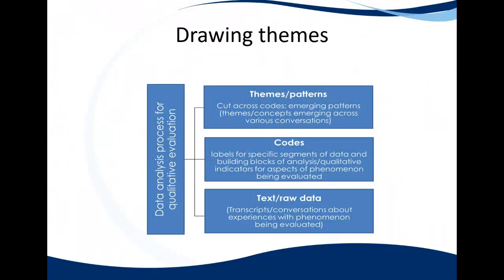Okay, so drawing themes, we start from the bottom, and I've just said this, so this is just the summary. You start with the actual text, the raw data, the transcripts that you have, right? And then after you've put these transcripts down, you start saying, okay, what are the specific segments?